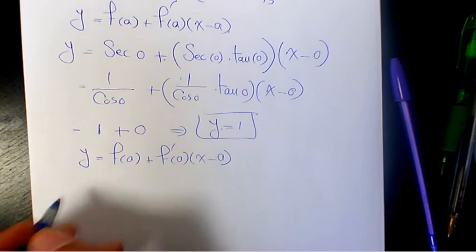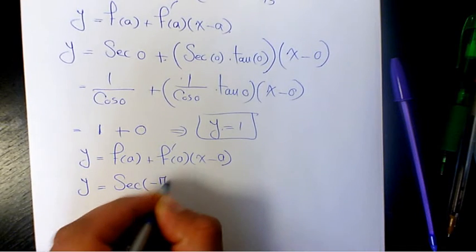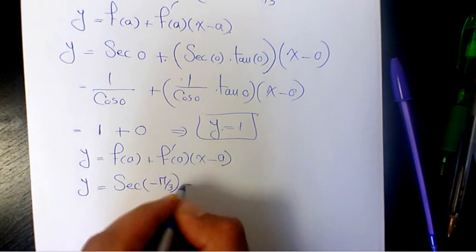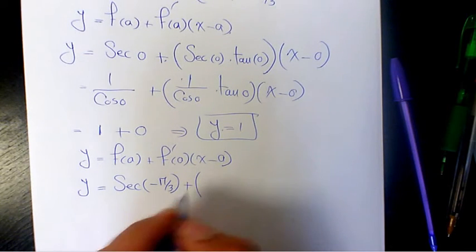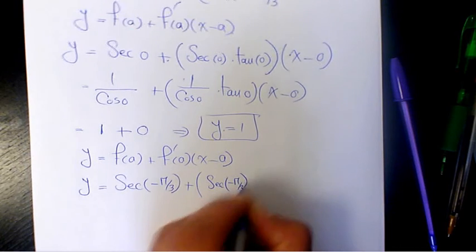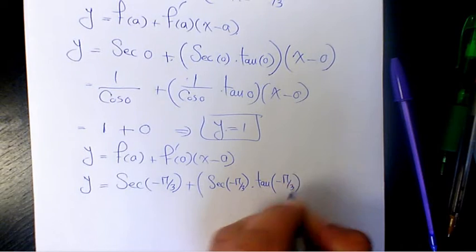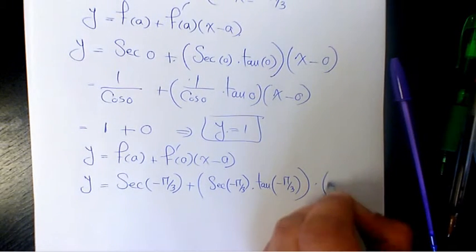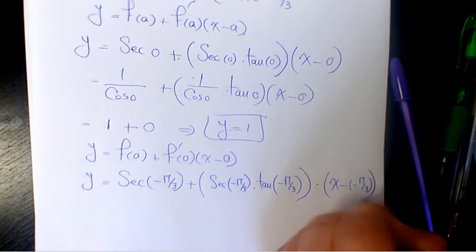It's going to be y equals secant of negative pi over 3 plus the derivative of secant, which is secant times tan. So it's going to be secant negative pi over 3 times tan of negative pi over 3 times x minus negative pi over 3.